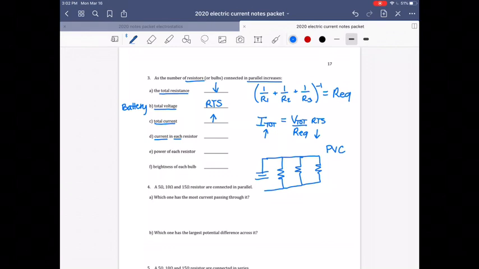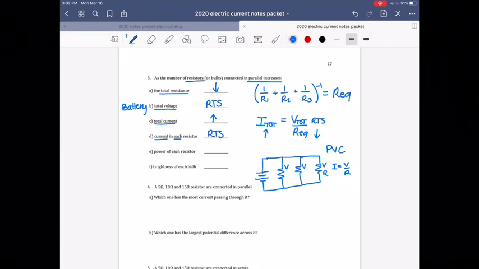So if we think about that in parallel, the voltage over each resistor remains the same, and the actual resistance of each resistor remains the same. So if you did a little calculation for current, knowing that the voltage across the resistor remains the same, the resistance of the resistor remains the same, the current supplied to each resistor actually remains the same as well.